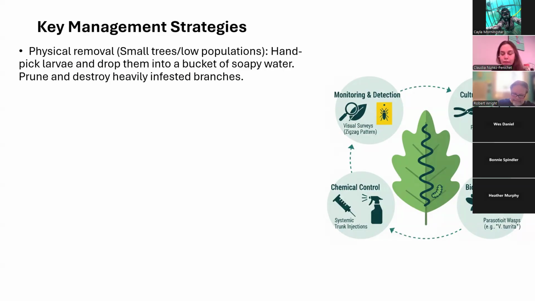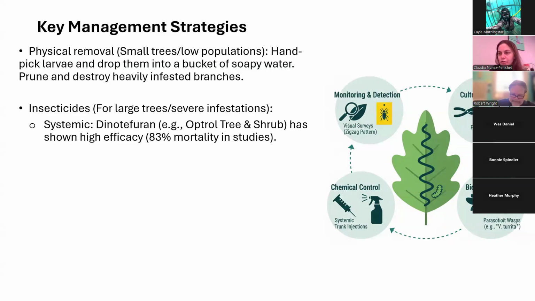We can prune the branches that are heavily infected. There are also some insecticides that have been proved to be useful, and they can be used for larger trees and severe infestation.